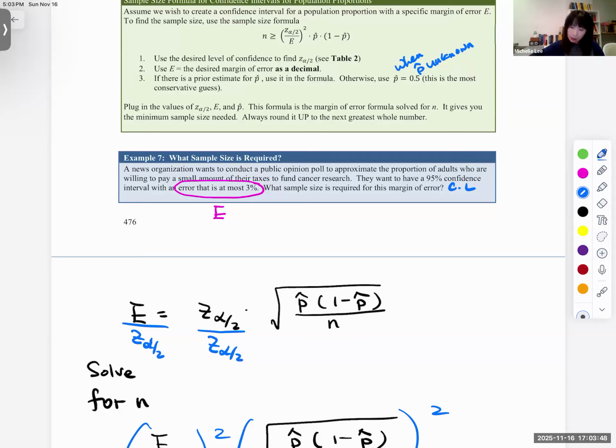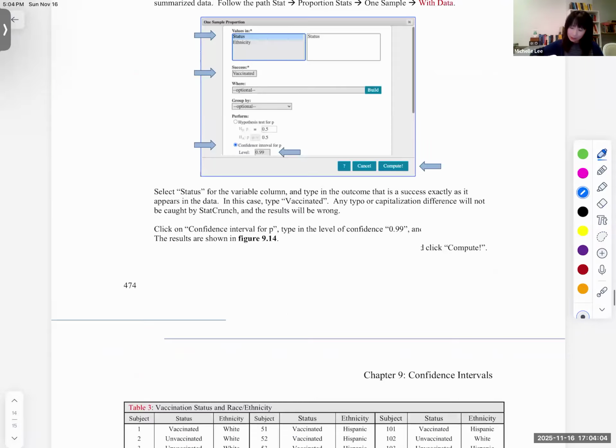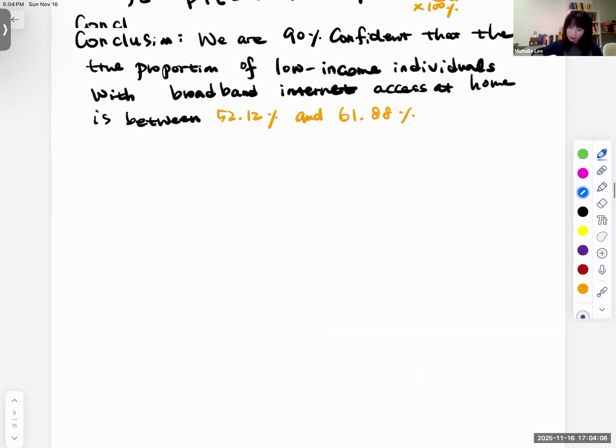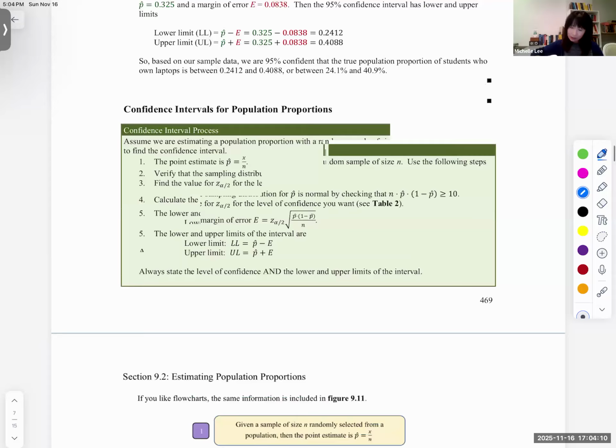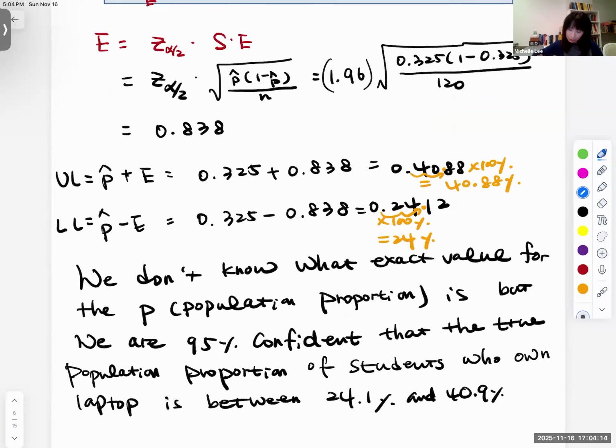Okay, then let's notice what's the Z critical value, right? So 95%. Does anyone know? We have 95% here.